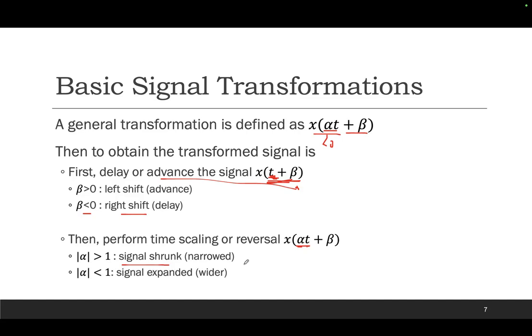So it shrinks. If absolute alpha is smaller than 1, it will be expanded because t will be greater than before. Am I right? That makes sense to you. And a reversal is just a flip based on the what? Do you remember? Yeah, based on the y-axis. Does it make sense to you?